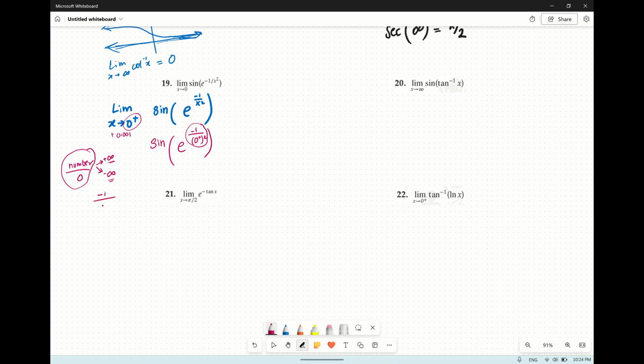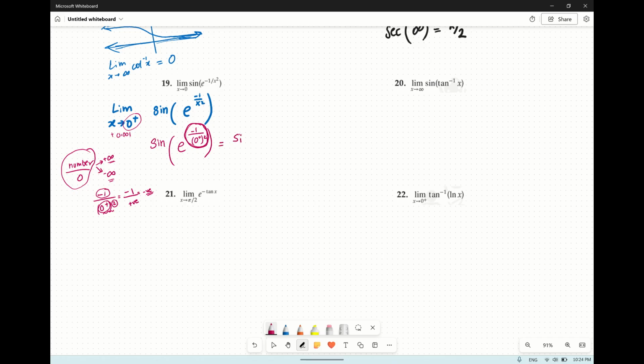Minus 1 over 0 from the right squared. Now 0 from the right squared means this number will be positive, because I am squaring a positive number. Up I have negative 1. Negative divided by positive will become negative. So the sign of all of this is negative, which means this will be negative infinity.